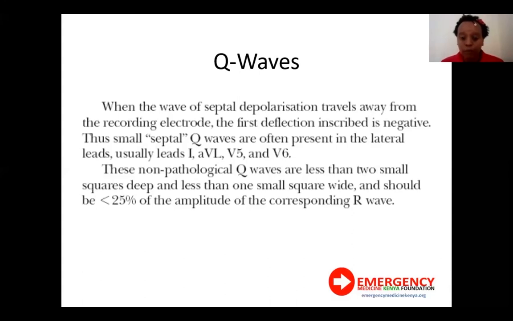When you look at a strip, it has a bit of negative deflection, but it should not be more than two small boxes deep in its deflection, and less than one small box wide. You look at the widening of the Q wave, and you will see the difference when you look at the pathological Q waves. So it's good to know what is normal and what is abnormal.